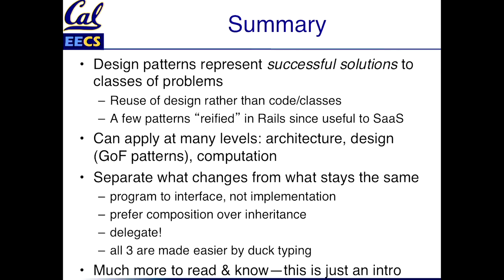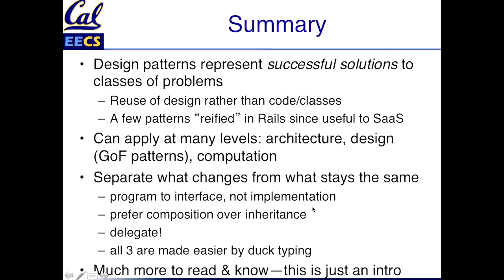And we sort of saw 4 rules of thumb, 4 principles that underlie a lot of the design patterns. Program to the interface, not to the implementation, right? So dependency injection says don't depend on implementation. Inject an abstract interface that both sides depend on, and that's where the dependency gets hidden. Prefer composition over inheritance.